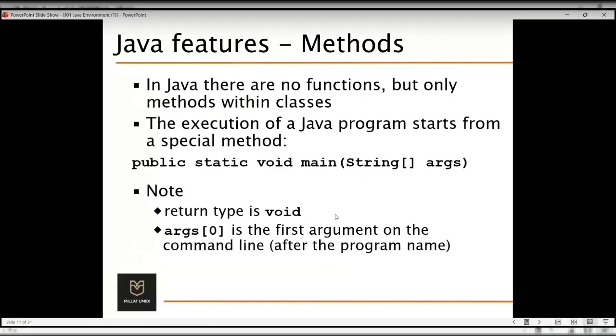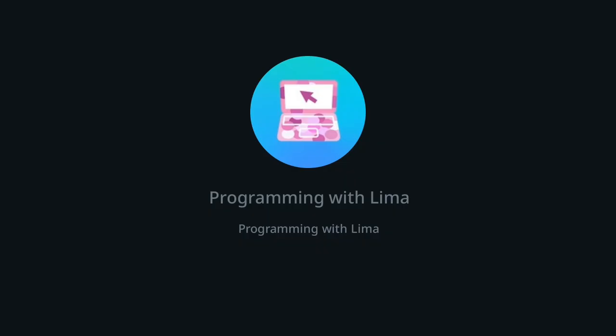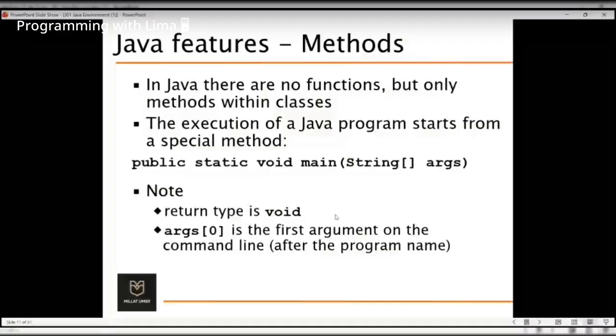And we have no functions because classes have methods, not functions. And how are we going to create a method inside the class? With a void return type, for example, public static void main and String args. You should note that the return type is void and args[0] is the first argument on the command line after the program name.